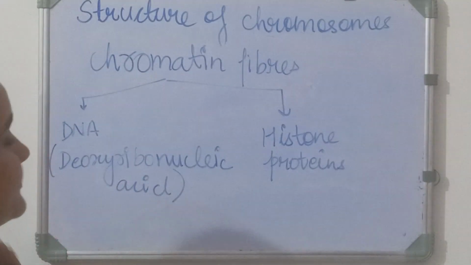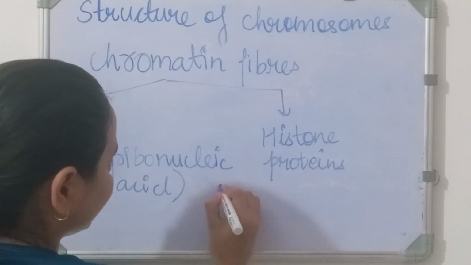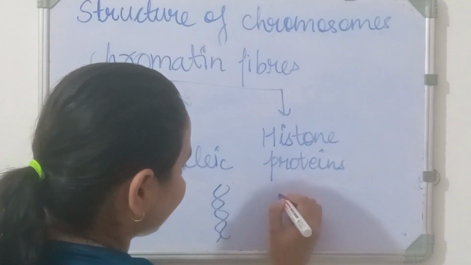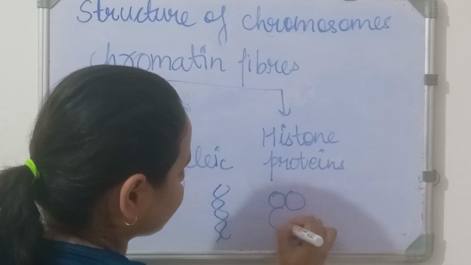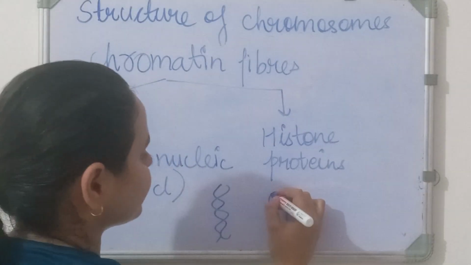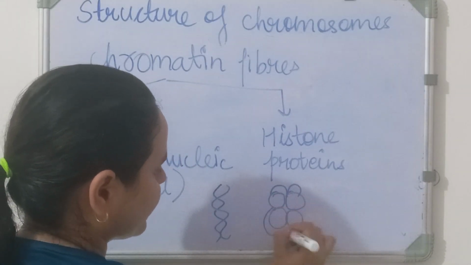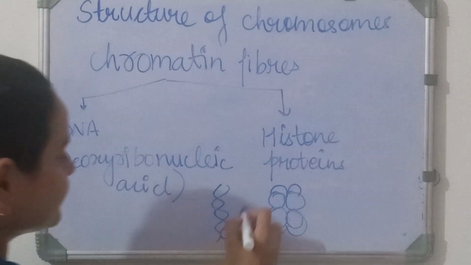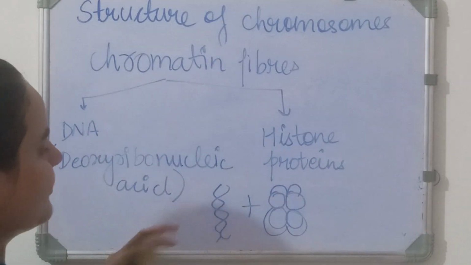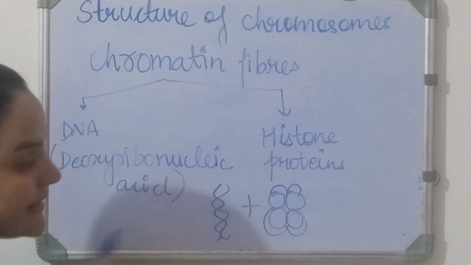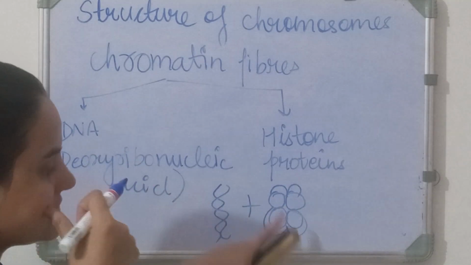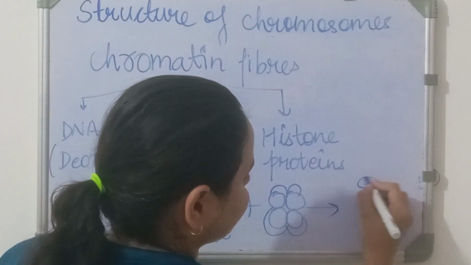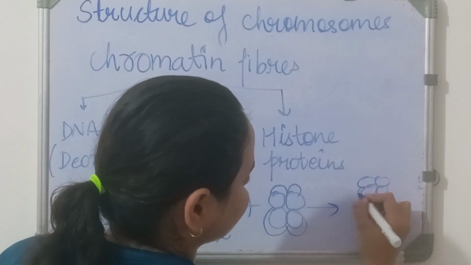See, this is our DNA and these are our histone proteins. They occur in an octamer, eight subunits of histones are found. This DNA is negatively charged and wraps around these histone proteins. See, this is our histone protein.